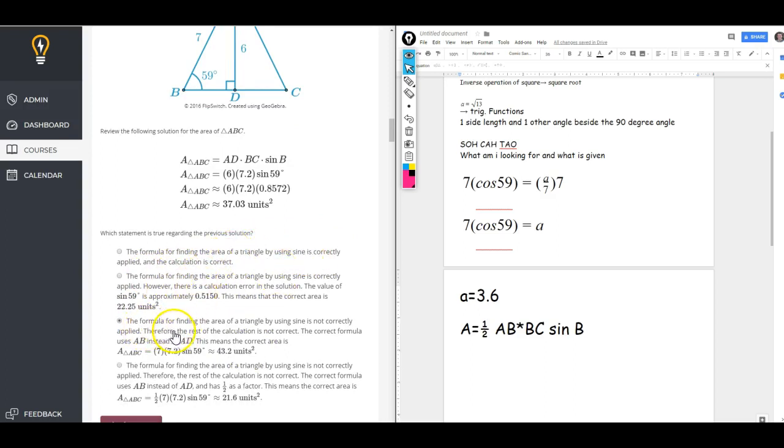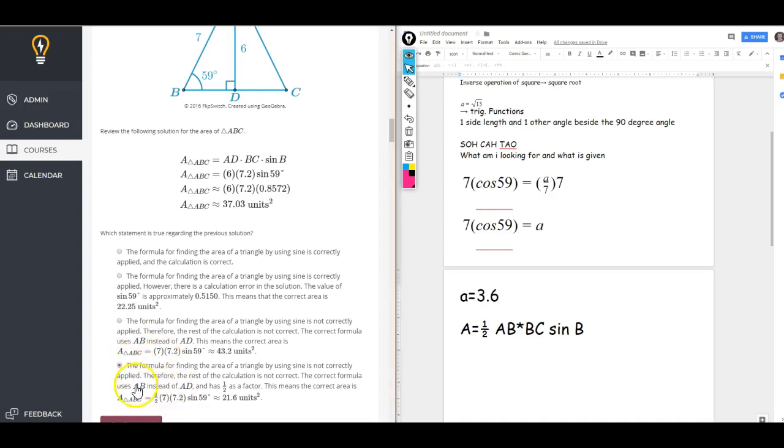The formula for finding the area of a triangle by using sine is not correctly applied. Okay, it's good so far, therefore the rest of the calculation is not correct. The correct formula uses AB instead of AD. Correct. This means the correct area is 7 times 7.2. No, because they did not include the 1/2 because we're dealing with a triangle.